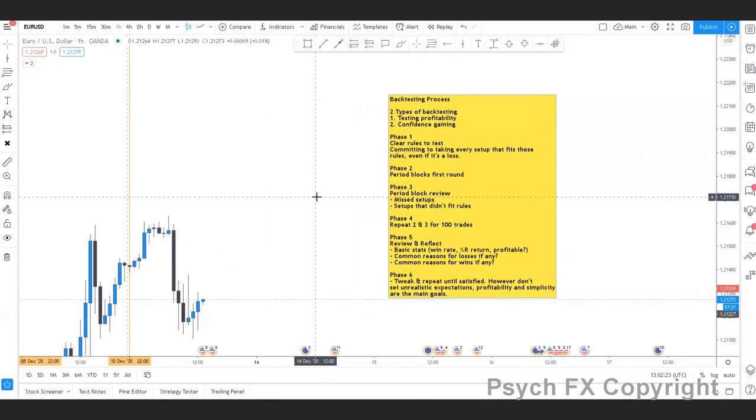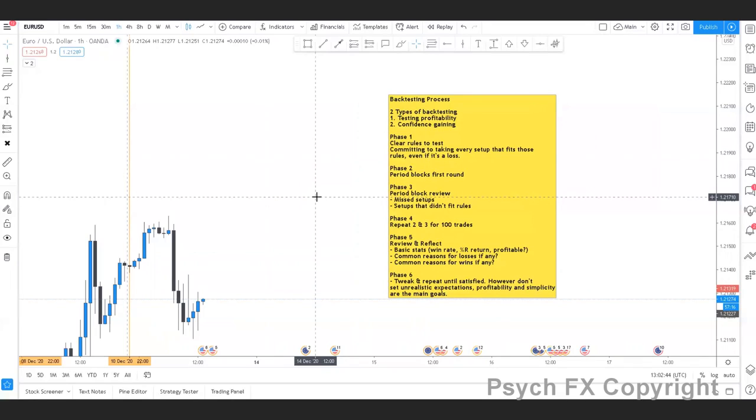Don't worry too much about trying to get your success rate or your risk reward up straight off the bat. Because as long as it's profitable, the only thing that's going to stop you is you. And that's the psychological problems that you're going to run into. That's where 99% of the success is going to come from, and the obstacles and stuff like that. And many more videos coming on that very soon.